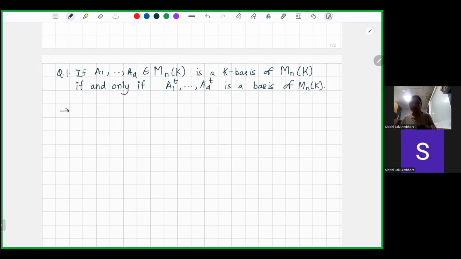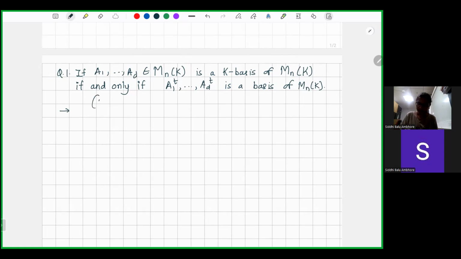So it is already given that A1 to AD is a K basis of M_n(K). So we do not have to check that this is a basis for our M_n(K).